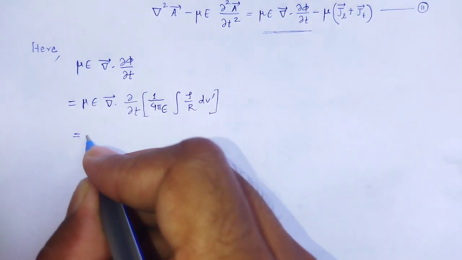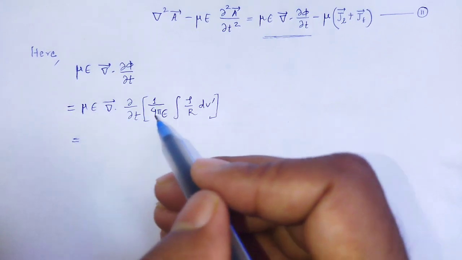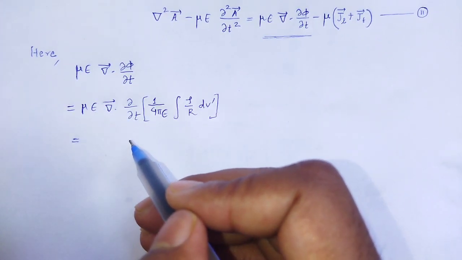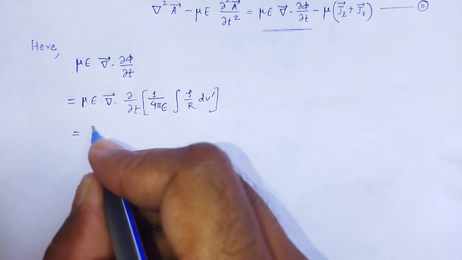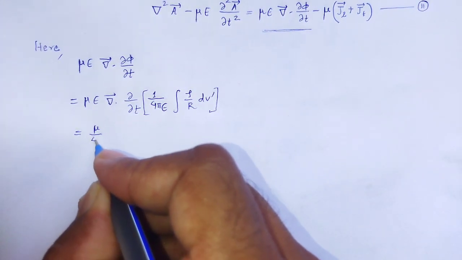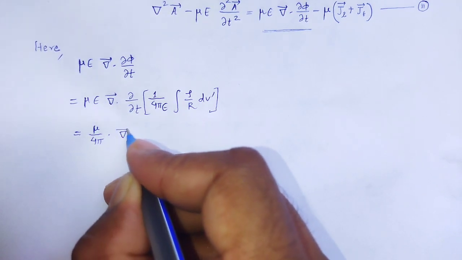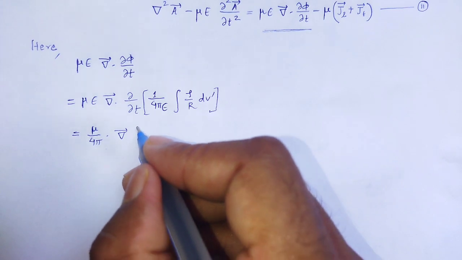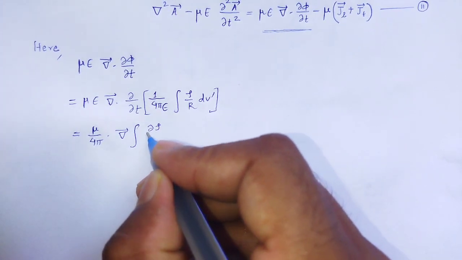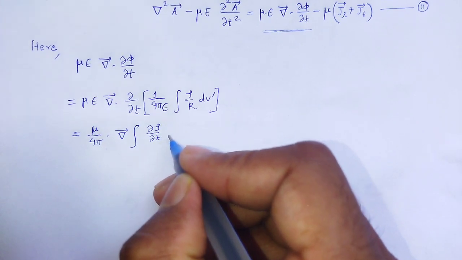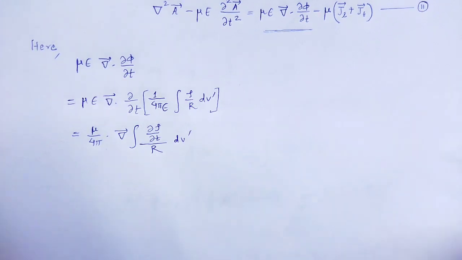Here epsilon cancelled out, that is the constant term outside. Therefore, mu divided by 4 pi grad integration over del rho by del t divided by r dV dash.